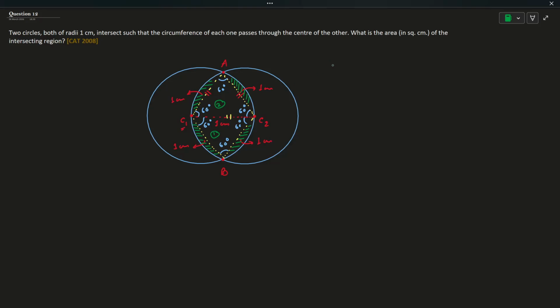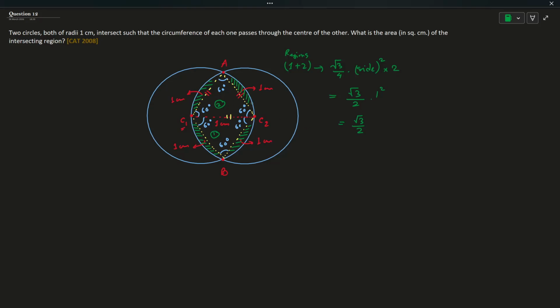Now, what is the area of an equilateral triangle? Root 3 by 4 side squared, and we have two equilateral triangles, so multiply by 2. So I will have root 3 by 2, side is 1, 1 squared will be 1, so root 3 by 2. This is the area of regions 1 plus 2. This is not the number 1, this is the region. Regions 1 plus 2 will give me area root 3 by 2.